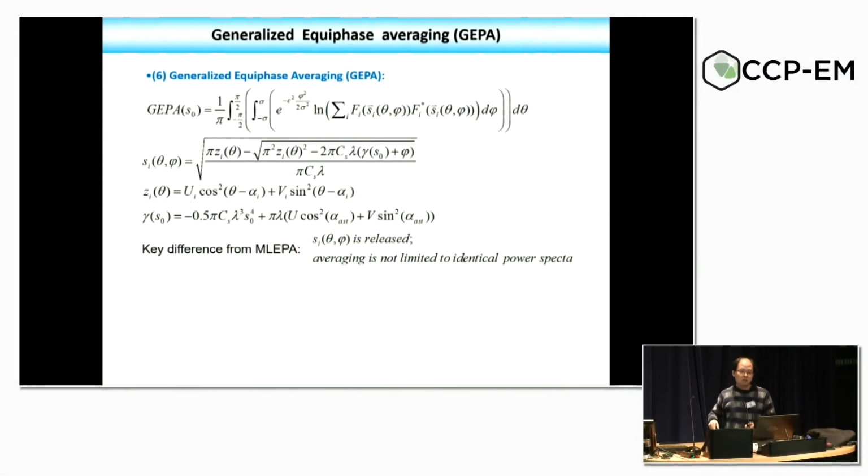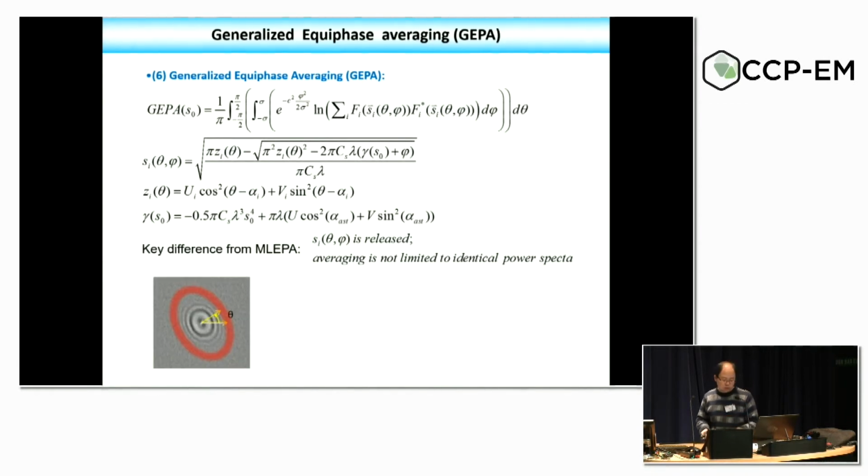But that's not all. I would suggest an even more powerful approach. That's called the generalized equal phase averaging approach. What does it mean? In both the normal equal phase averaging and the maximum likelihood equal phase averaging, you're basically only averaging one power spectrum, or just a series of identical power spectra with the same defocus and astigmatism.